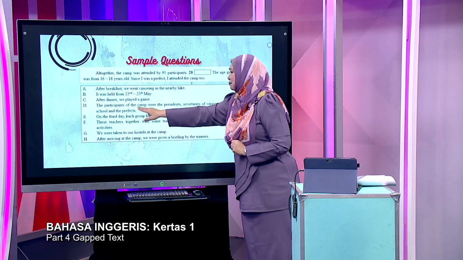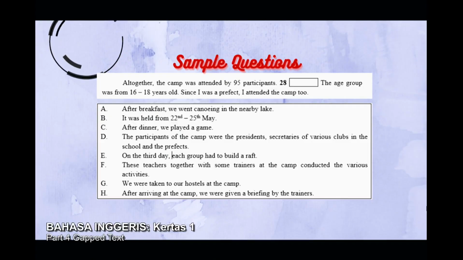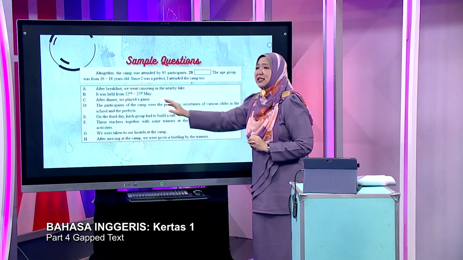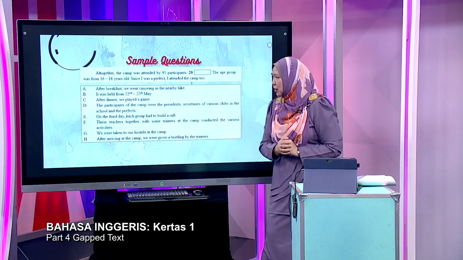"The participants of the camp were the presidents, secretaries of various clubs in the schools and the prefect." So, here, that is the answer. Let's read it together. Altogether the camp was attended by 95 participants. The participants of the camp were the presidents, secretaries of various clubs in the schools and the prefect. The age group was from 16 to 18 years old.